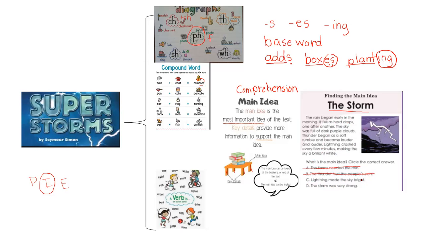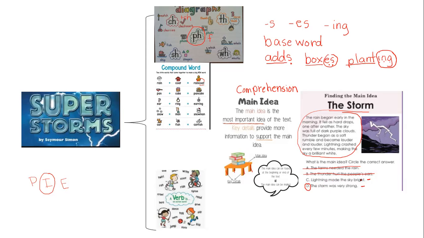Which one of these is about what this whole thing is about? Now, did everything in here talk just about the lightning, or did our little paragraph talk about how strong the storm was? I hope you thought the storm was very strong.